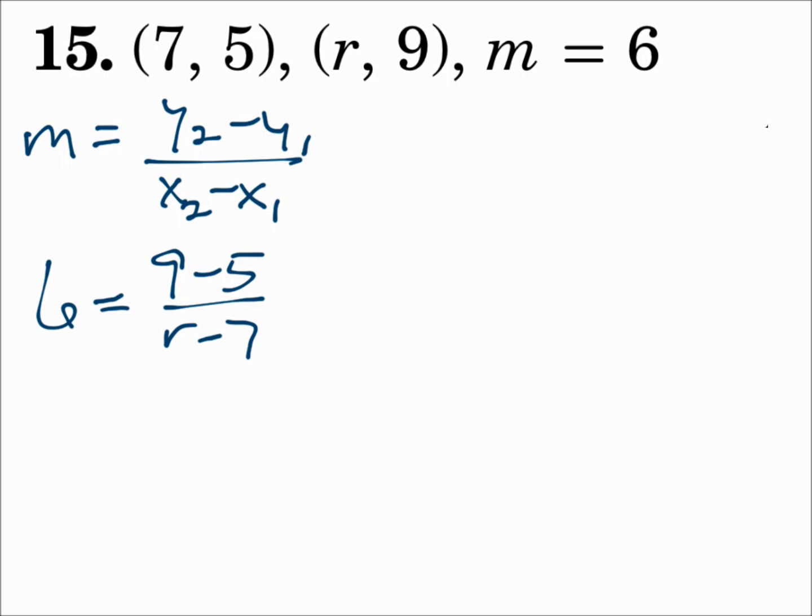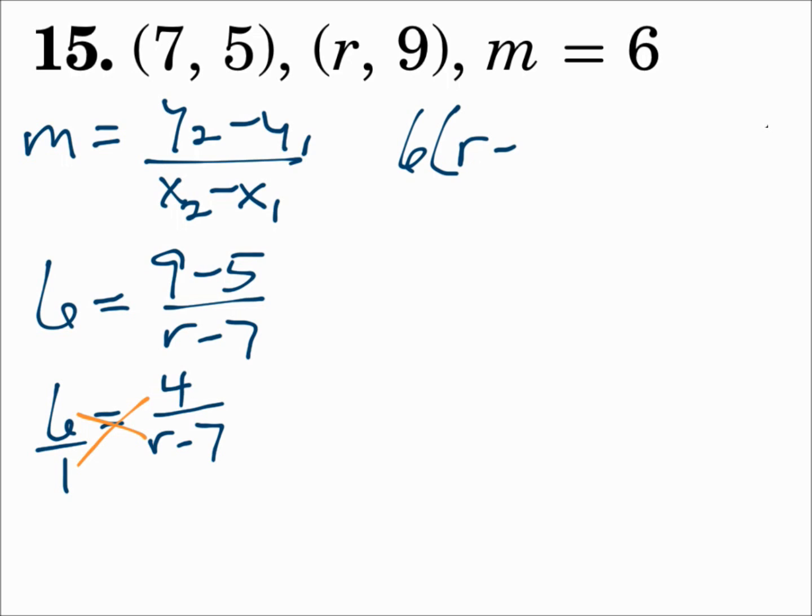Simplify that. 9 minus 5 is 4. And then so we can cross multiply, let's put the 6 over 1. And it'll be 6 times (r minus 7) equals 1 times 4. Remember to put the r minus 7 in parentheses.